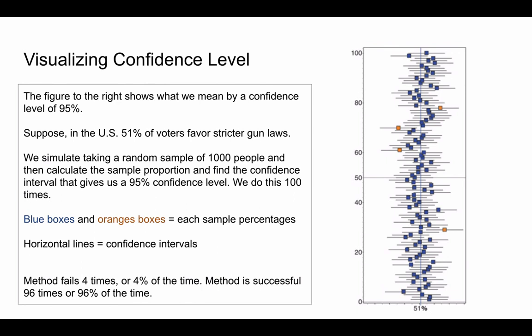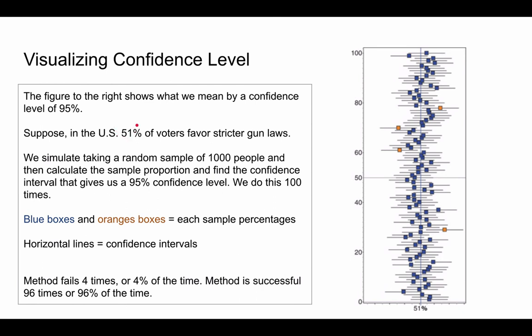So all the blue ones do have it in there. The blue ones all capture 51% in their confidence intervals. So what do we mean when we say that we're 95% confident when we take a random sample like this and ask people a question? What we mean is that if we were to do our survey 100 times, which we did, about 95 of the times we would have a confidence interval that captures the true population proportion, so it captures 51%.